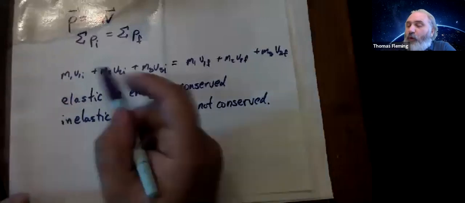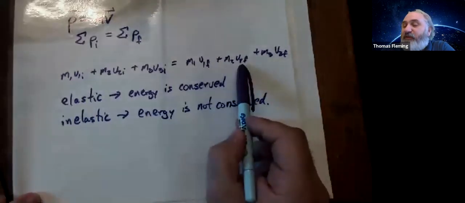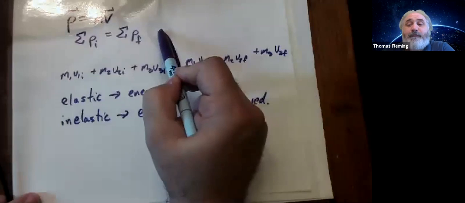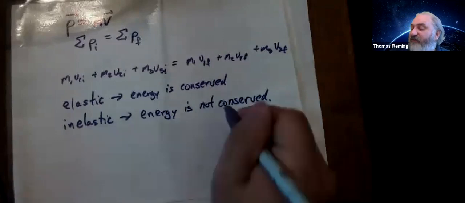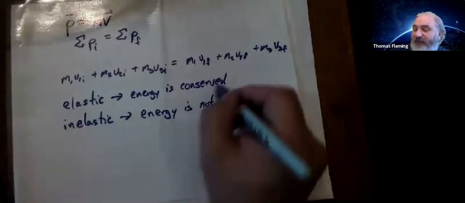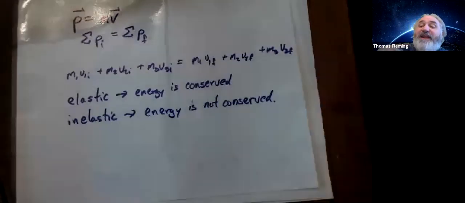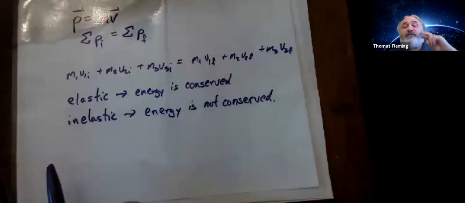So if I told you all the masses and all the starting velocities, and 2 out of 3 of those ending velocities, you could solve for the third one, just knowing momentum is conserved. But if I told you these things are colliding and it's elastic on top of that, not inelastic, then I know this is true, plus I'd have another equation from energy conservation, which means I'd have 2 equations.